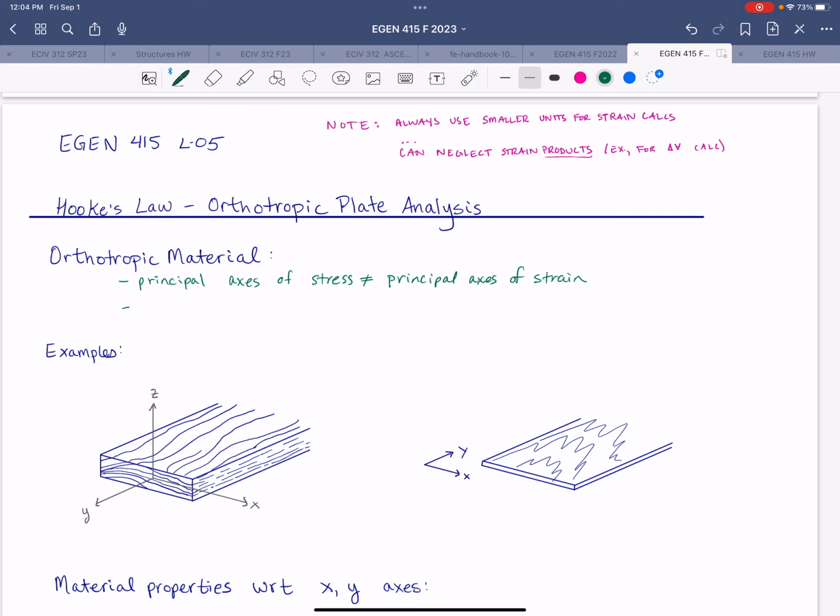So instead of those principal axes tied to stress and strain, we usually use what we call the principal material axes. And this is well explained using wood as an example, because one material axis will be along the length of the grains of the wood, right?